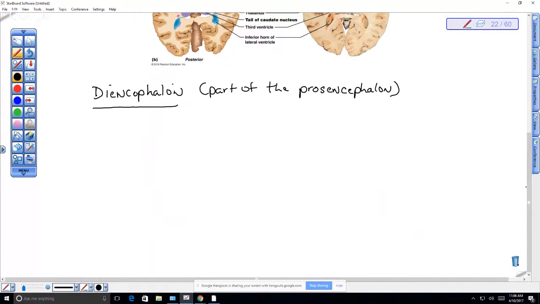Okay. So the diencephalon consists of the thalamus. And the thalamus is the relay station for all sensory information coming into the brain. So this could be smell, it could be images, it could be touch.